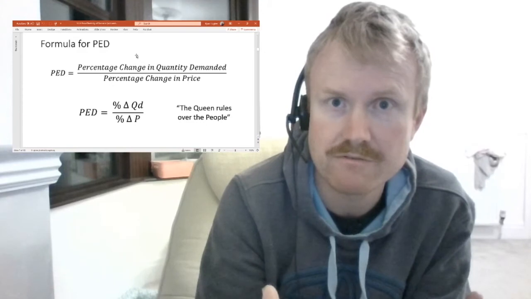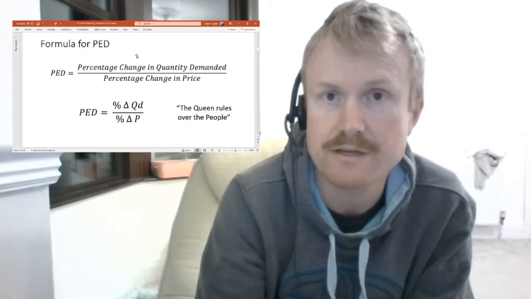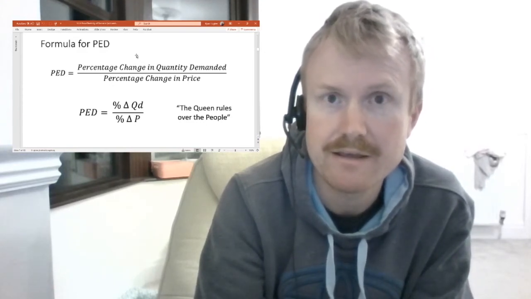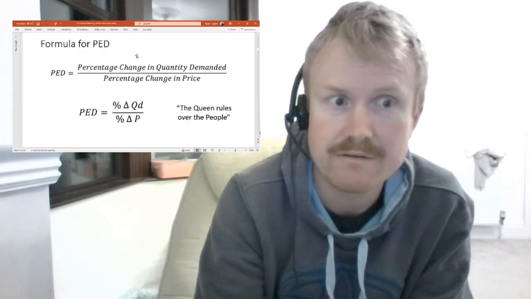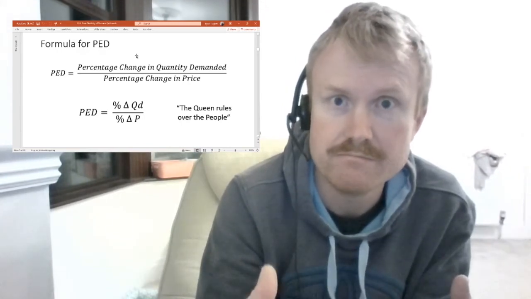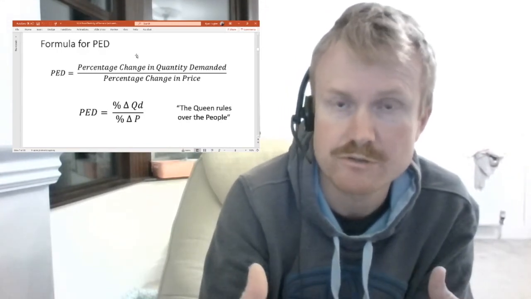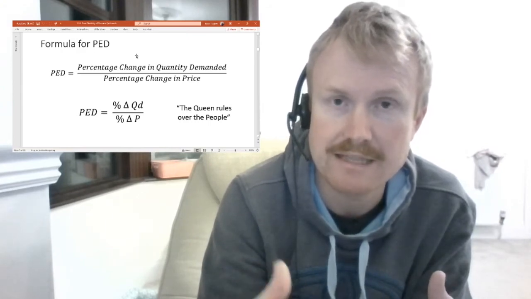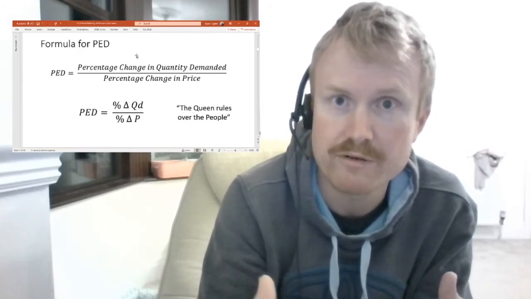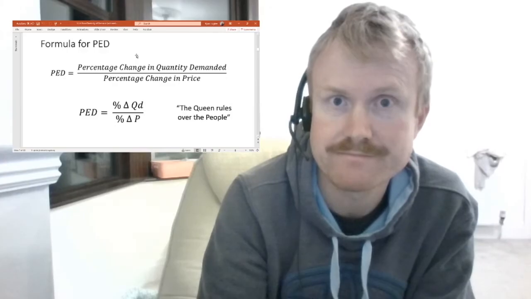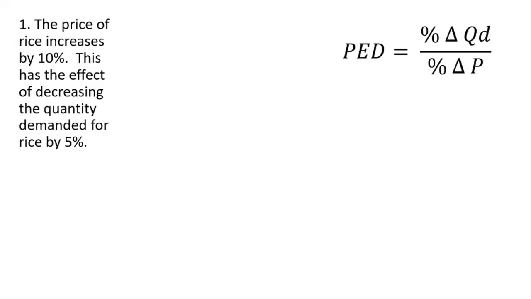And that's why this formula is a really clever way of measuring price elasticity of demand, because from the start it always measures proportional changes, which is why we can always say that something is elastic if it has a more than proportional response. So, the first type of question that you might see using this formula.